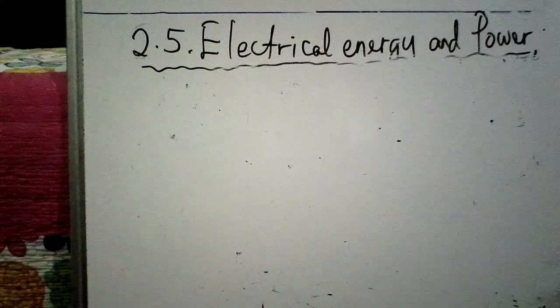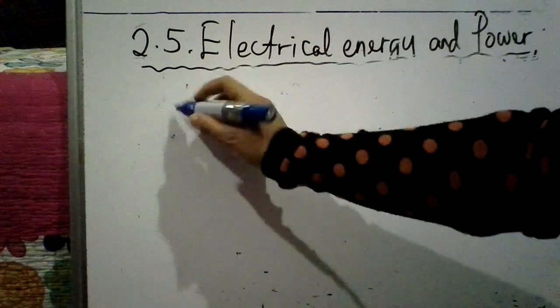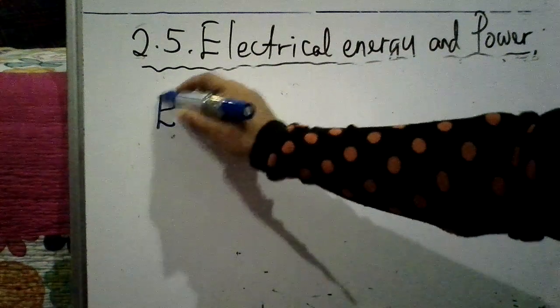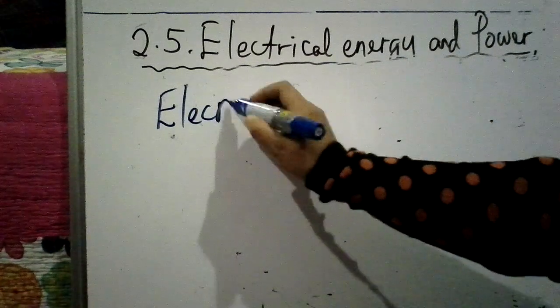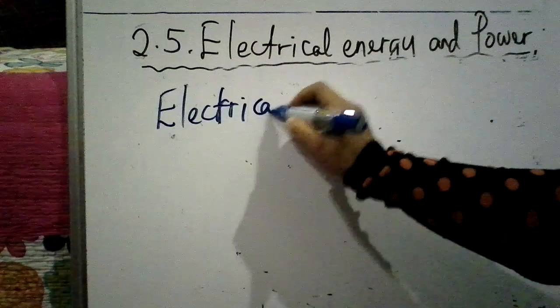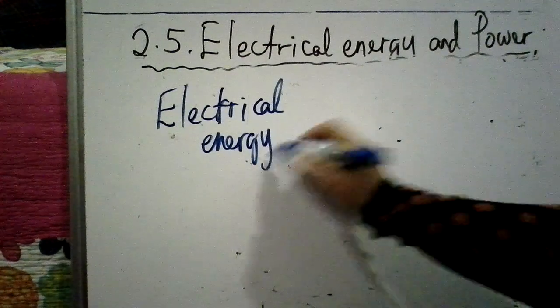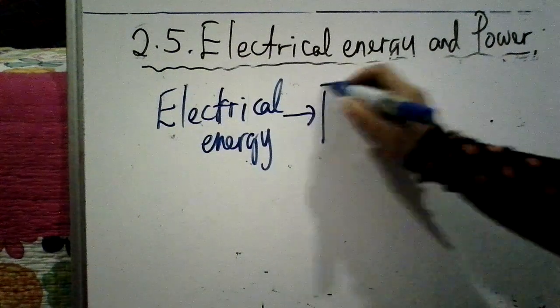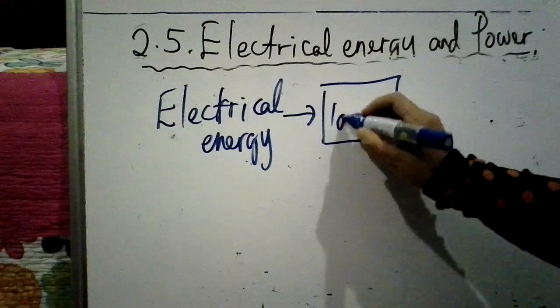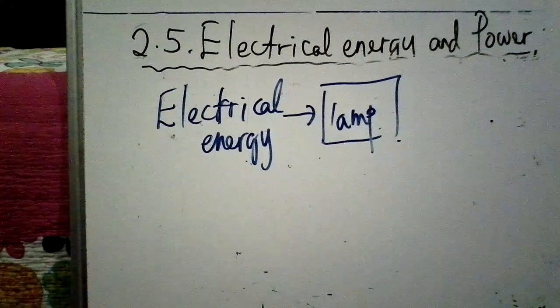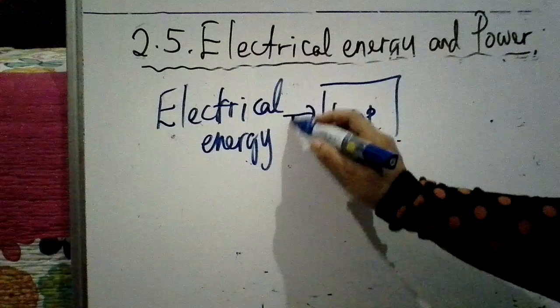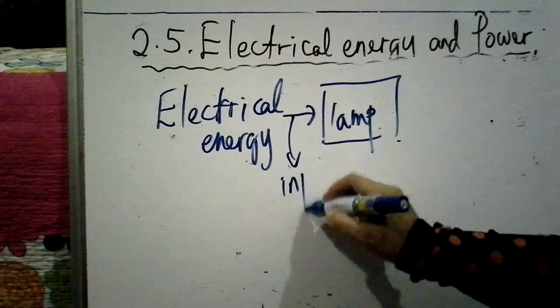For example, we have a lamp. It gets electrical energy from the power supply, which is transferred to the lamp. This one we call input energy.